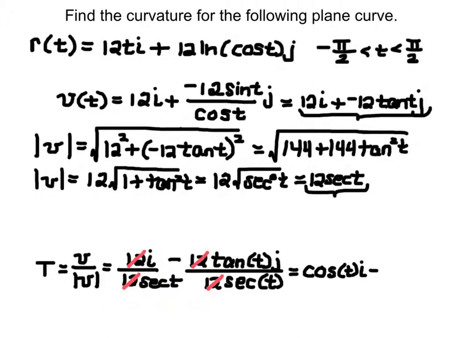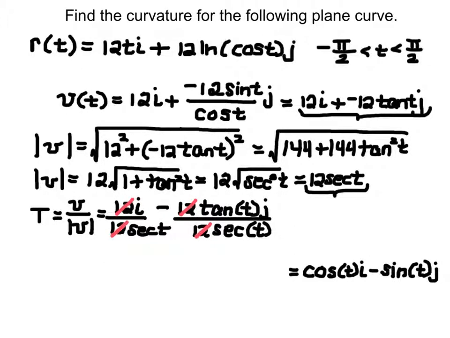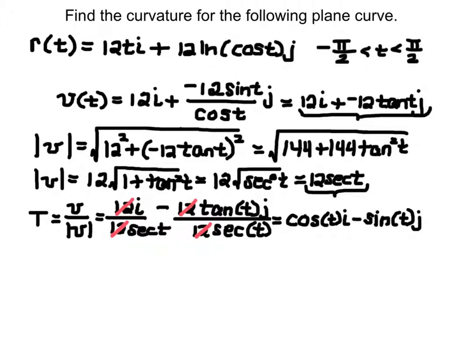The tangent is the sine over the cosine, the secant is 1 over the cosine, so this becomes the sine of t in the j direction. So let's move this up, and we have the next piece we need for curvature, which is our unit tangent vector here.